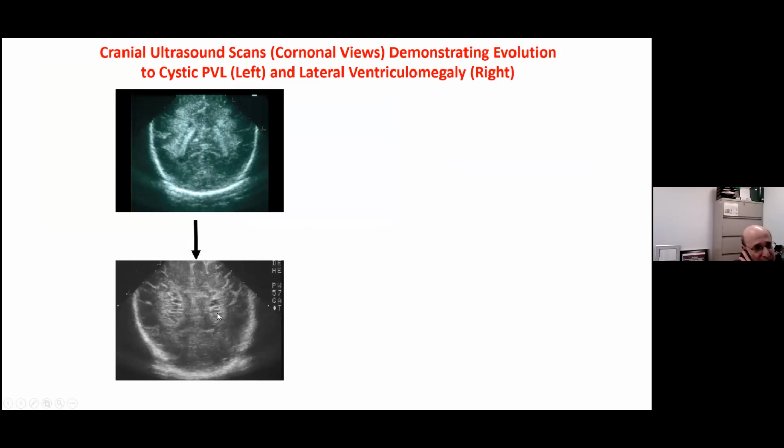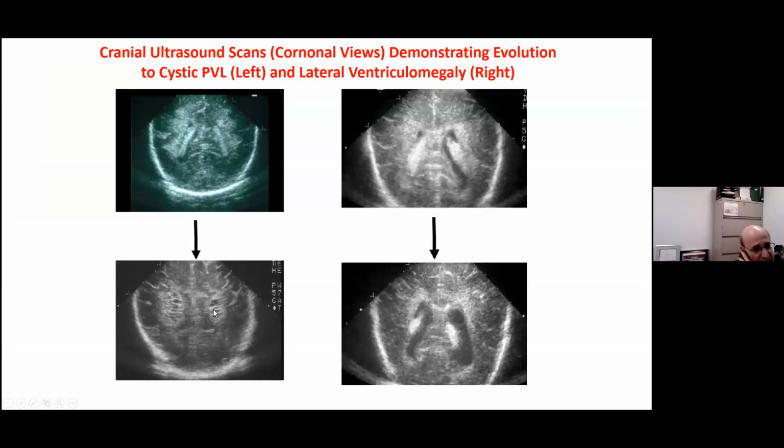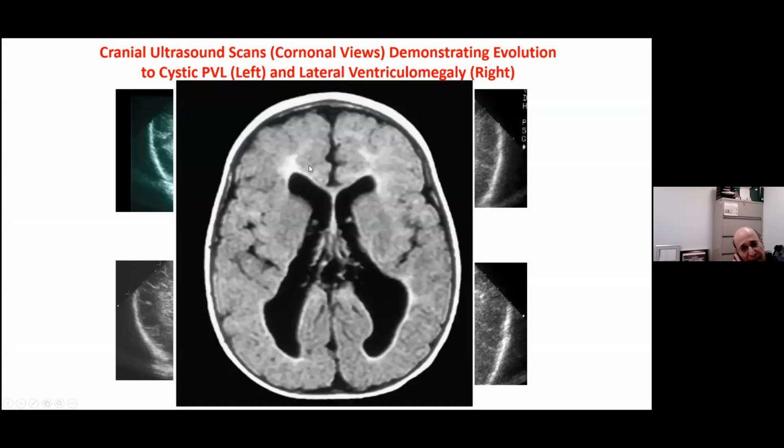This is what we call a Swiss cheese abnormality, whereas in the second form of white matter change, you can see progressive lateral ventriculomegaly. The third ventricle is not involved, the fourth ventricle is not involved, and if you do an MRI, you can see there's loss of white matter in this instance.